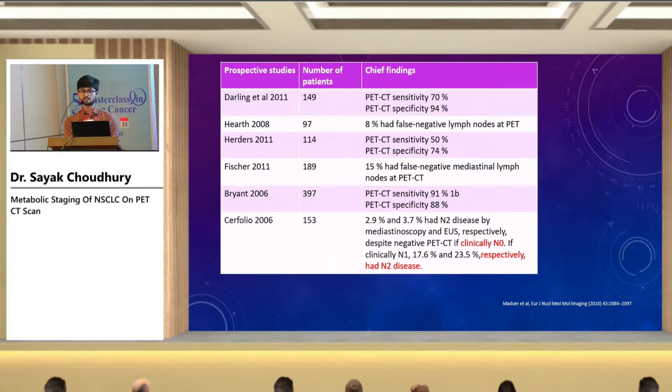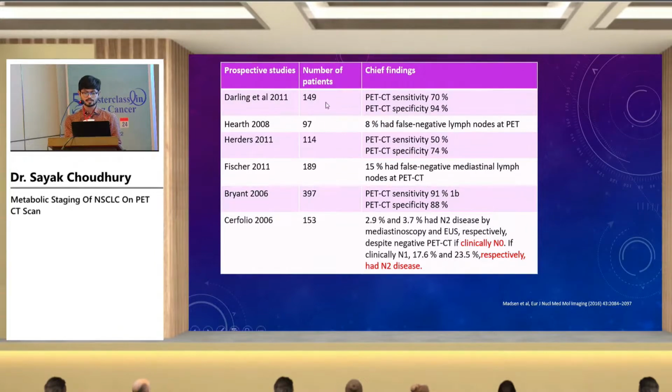The gold standard is mediastinoscopy and biopsy, or now we are also doing EBUS and TBNA. So if a non-invasive diagnostic modality has to be effective, it has to have a very high sensitivity for detecting occult nodal metastasis.